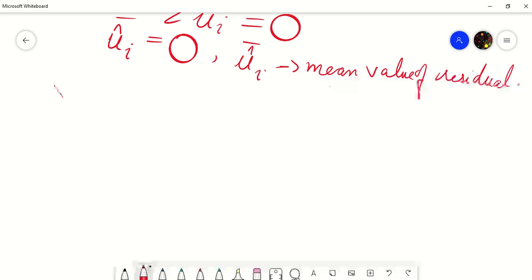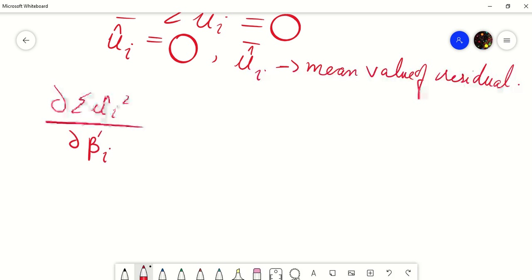We have the partial derivative of summation mu i hat square with respect to beta 1 hat, and again the partial derivative with respect to beta 2 hat.